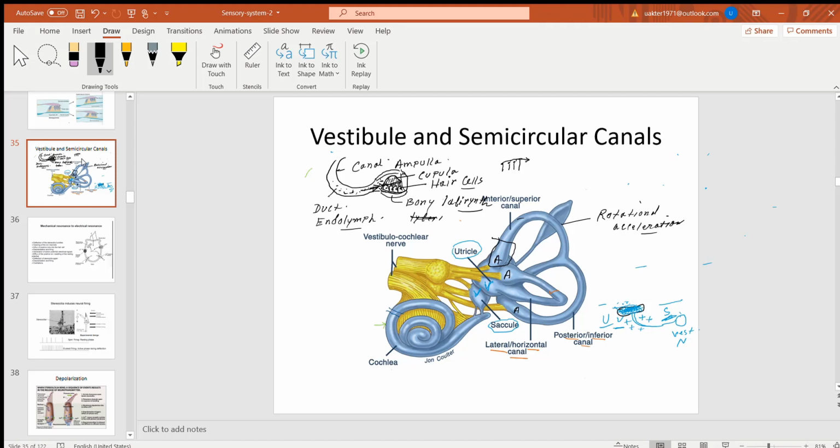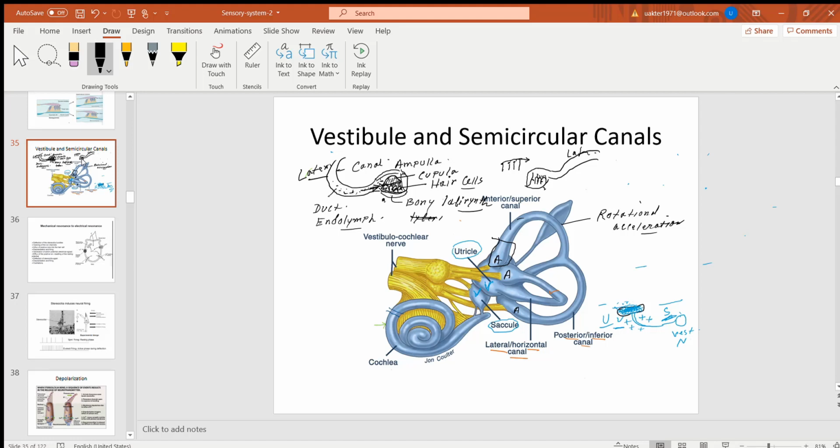However, this is important, in the other side you have the same semicircular canal. For example, this one is the lateral one, this is also lateral one in the other side, right? So when you rotate your head, the hairs of these hair cells will be activated, these will be inhibited here, same way we discussed in the vestibule, right?